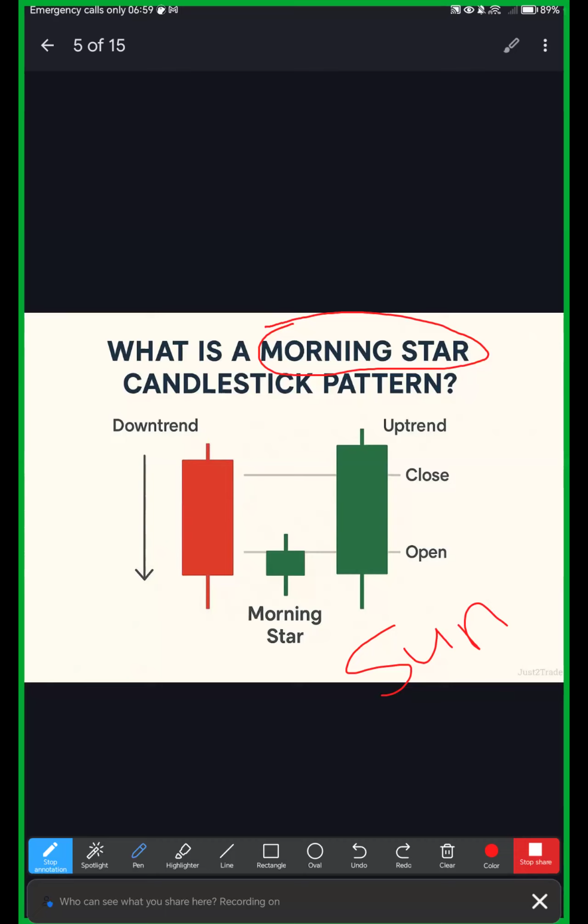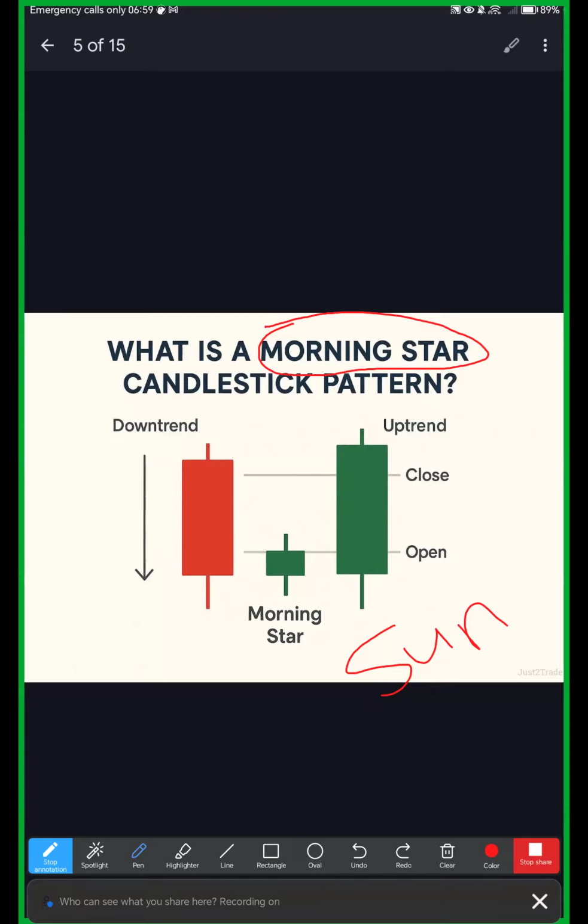A morning star candlestick pattern is a market reversal signal to the upside.